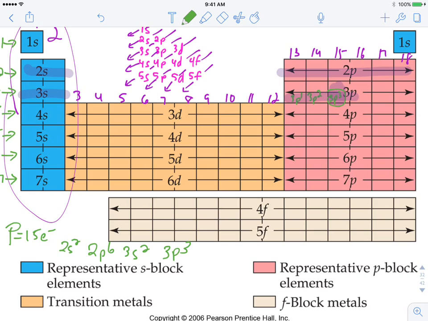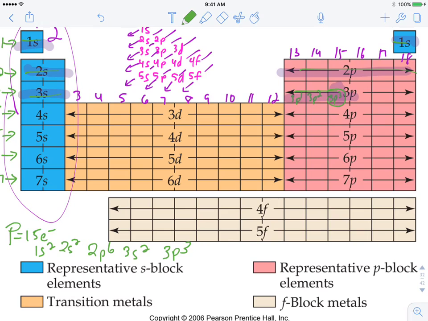And before 2s came 1s, so 1s2. This is my configuration. So it allows me to know where I stopped and work backwards, or if I know where I stop, I know where to end. 1s2, 2s2, 2p6, 3s2, 3p3.